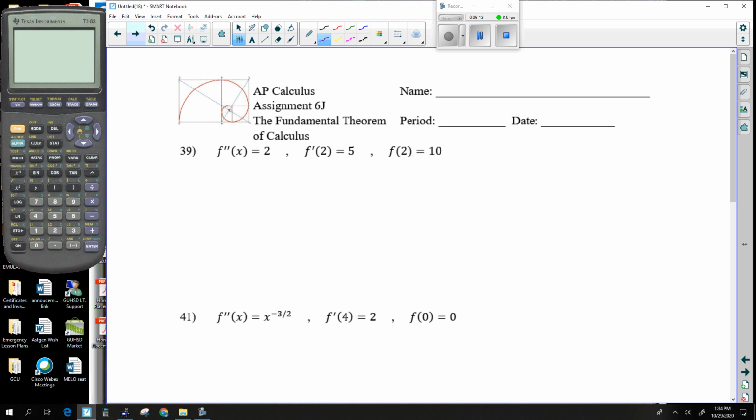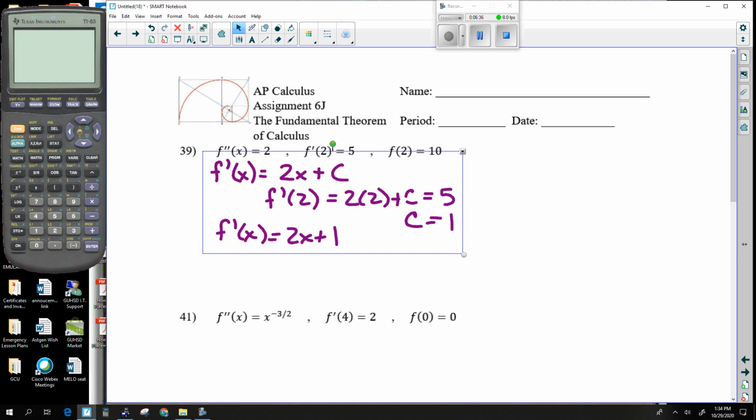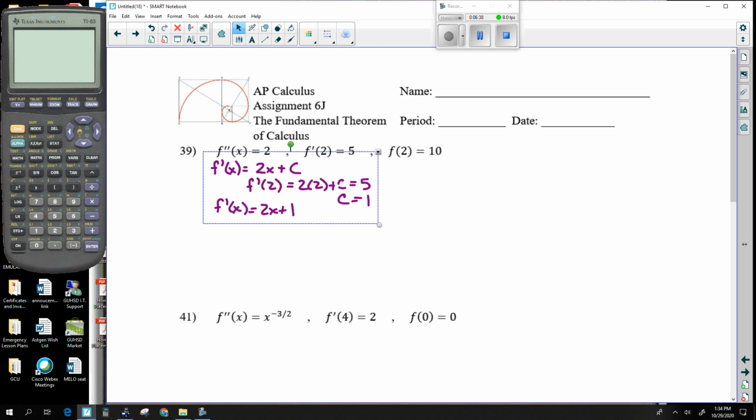Okay, they give me a second derivative, so I take an integral of that, which takes me down to the first derivative. Okay, they give me some information. Okay, so far so good.